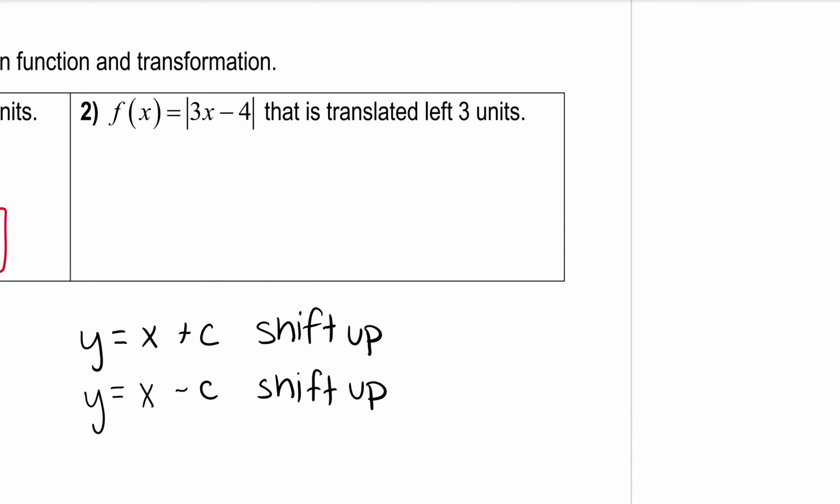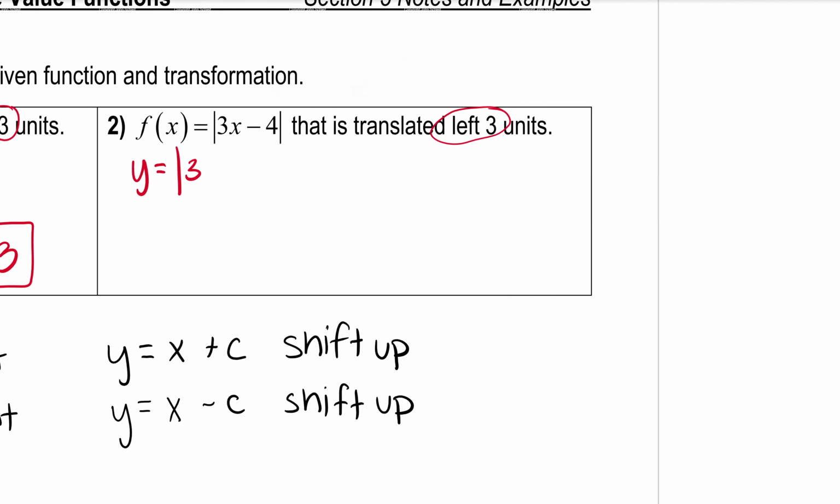Number 2, I have a function, the absolute value of 3x minus 4, translated left 3 units. So again, left is in parentheses with x, or inside absolute value bars. So for this one, since we already have absolute value, we're just going to write 3x minus 4, and then left 3, so minus 3.